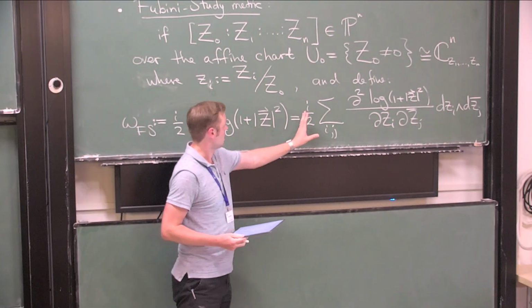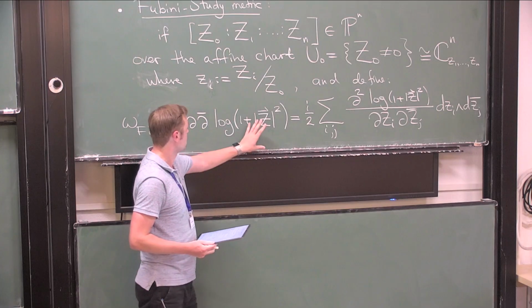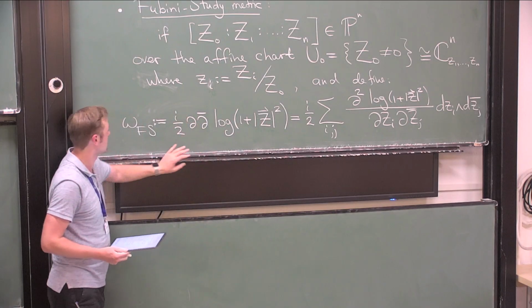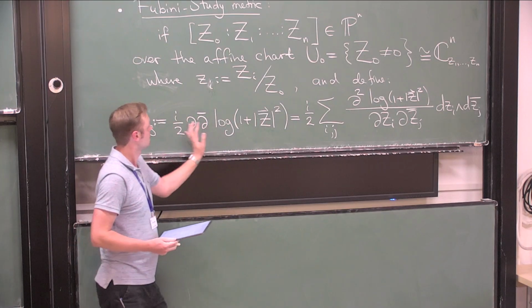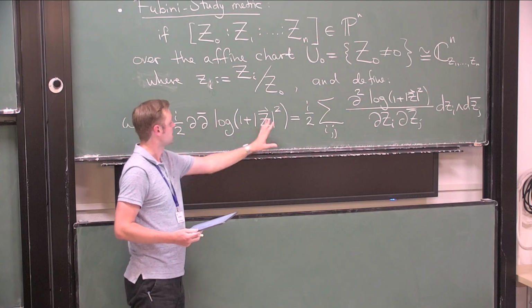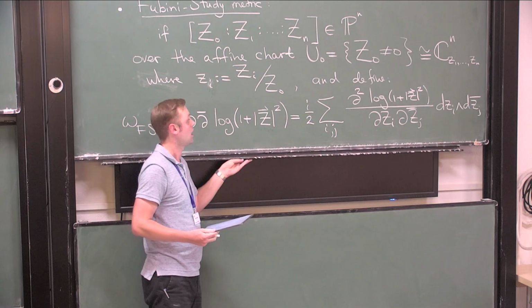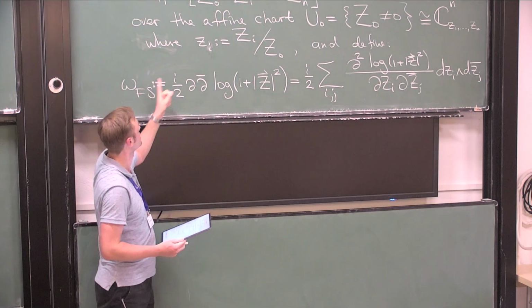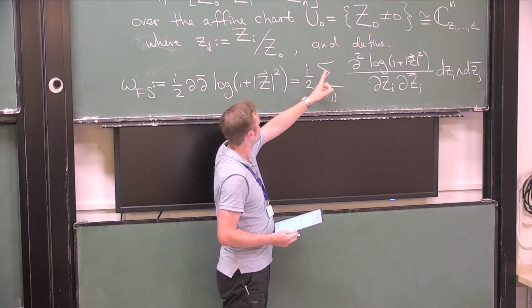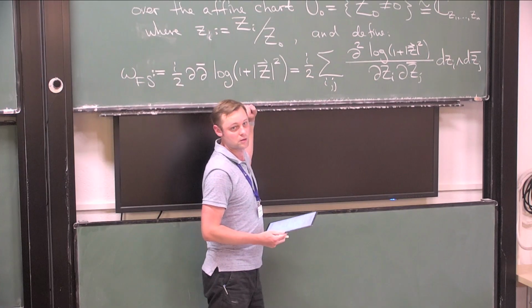So then the next thing one needs to check is that if you go to a different chart, then this expression gets glued to a similar expression in a different chart, according to the transition functions of the 1-1 cotangent bundle.